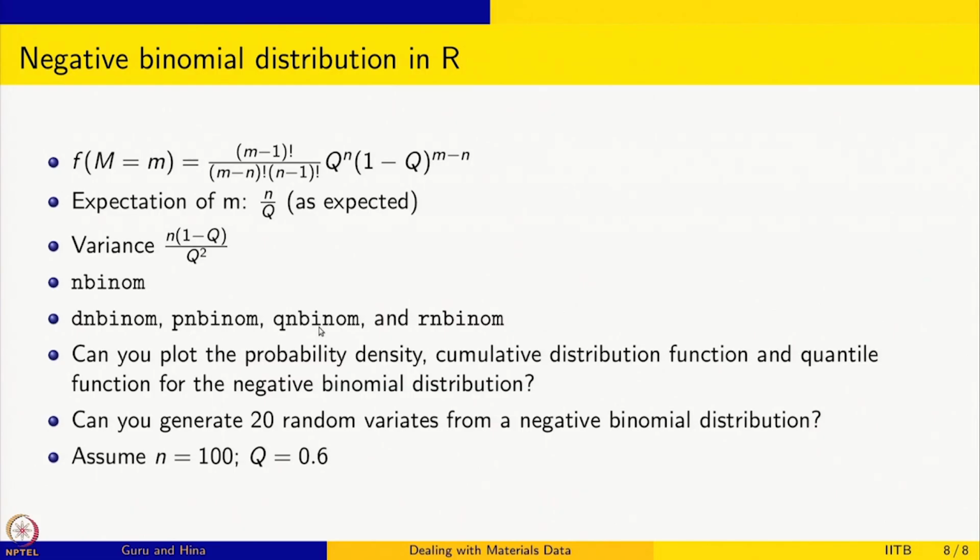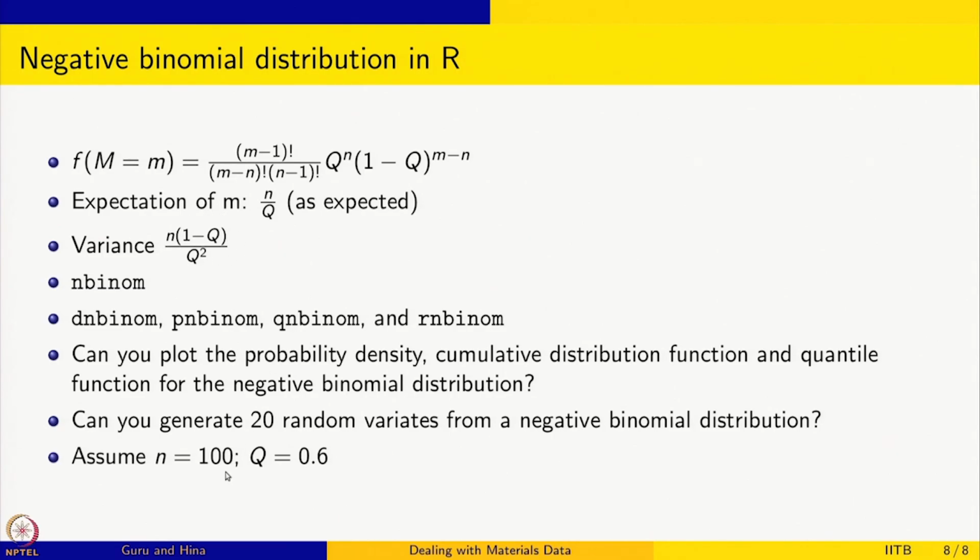We will come back to confidence intervals later, but these are the things we are interested in for any distribution. And can we also generate 20 random variates from the negative binomial distribution? To calculate these values we need the parameters, and for the negative binomial distribution the parameters are n and q.